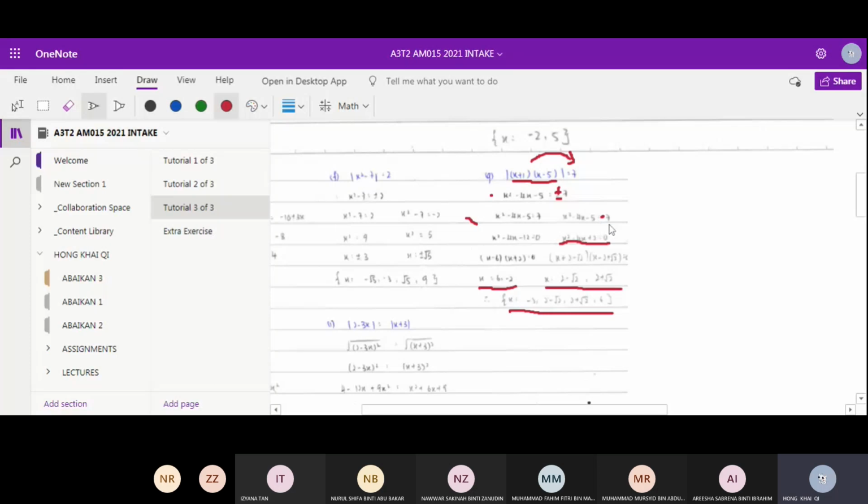So you change the negative 7 from the right hand side to the left hand side. We'll get plus 2. And then we use the calculator to factorize. So we'll get 2 minus root 2 and 2 plus root 2.